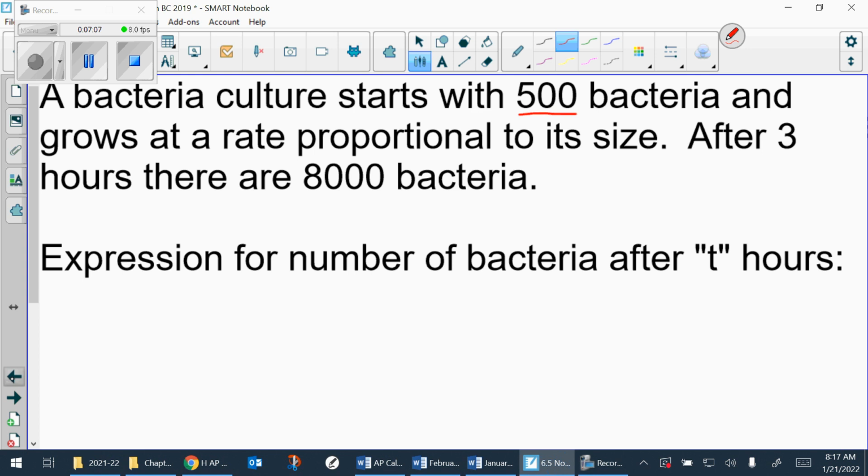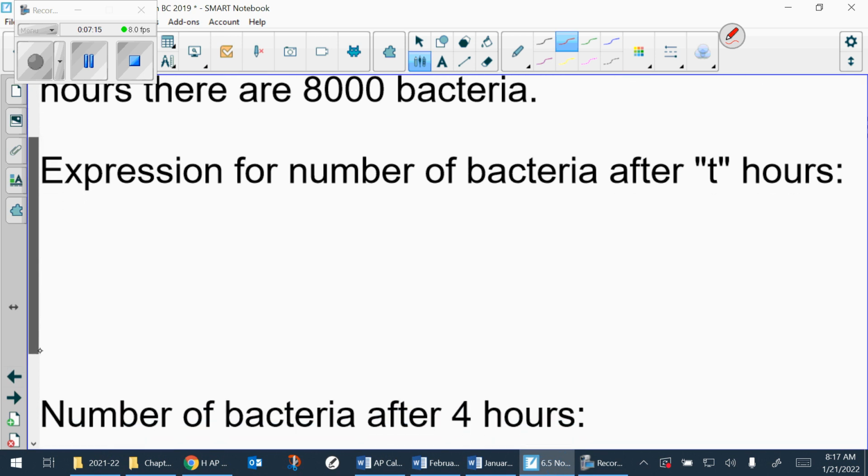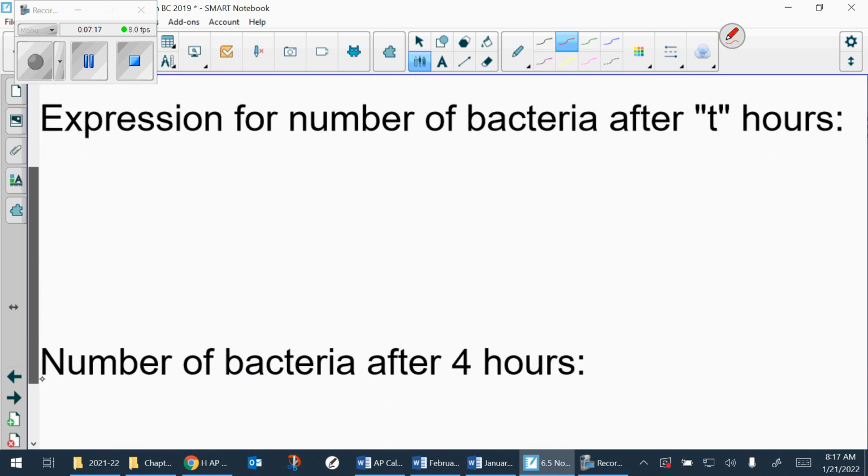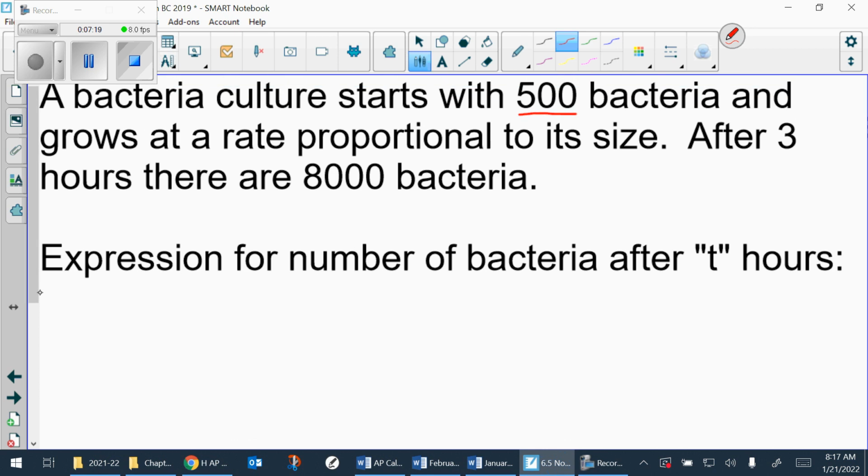And after 3 hours, there are 8,000 bacteria. First of all, find an expression for the number of bacteria after T hours. Okay. Well, let's go back up here. We need a future amount, and the future amount would be considered this 8,000.